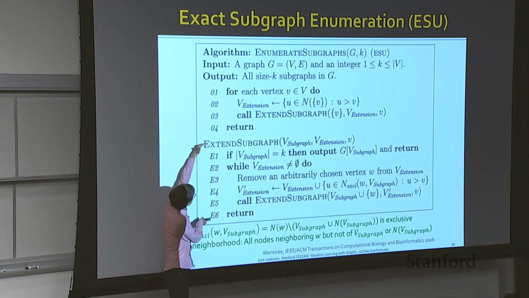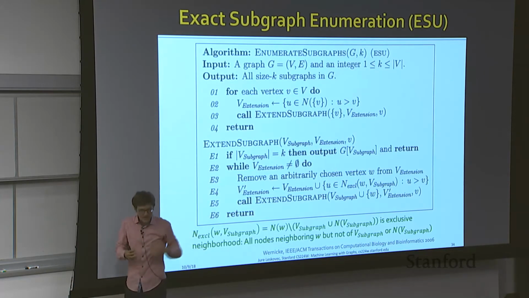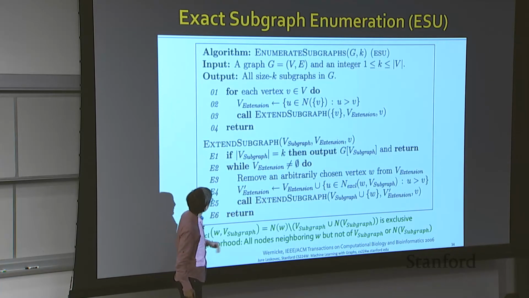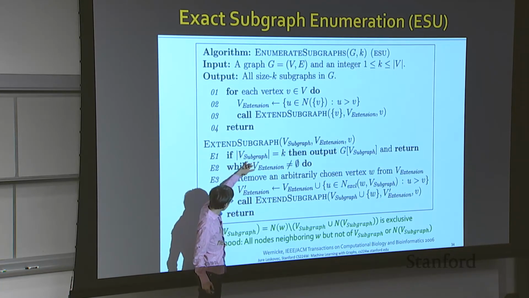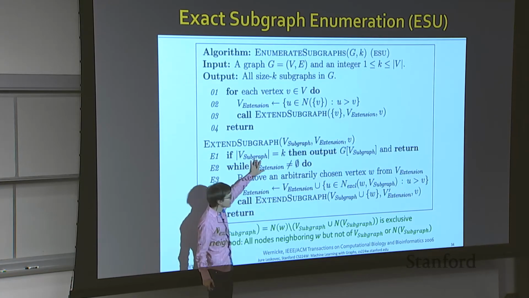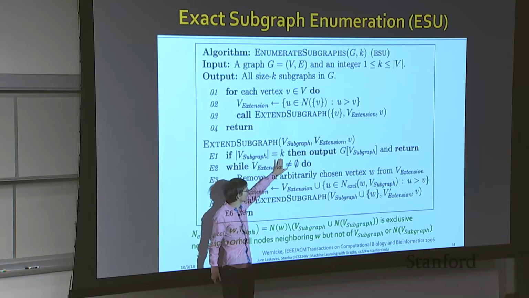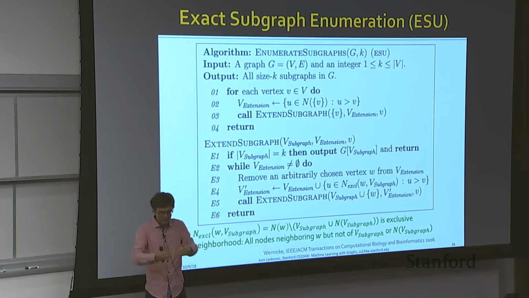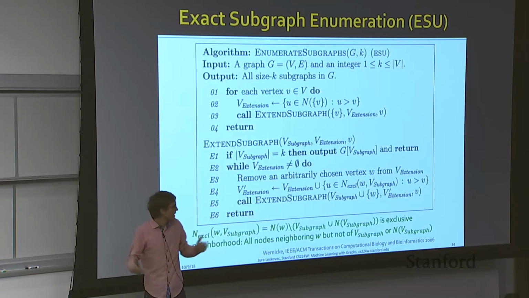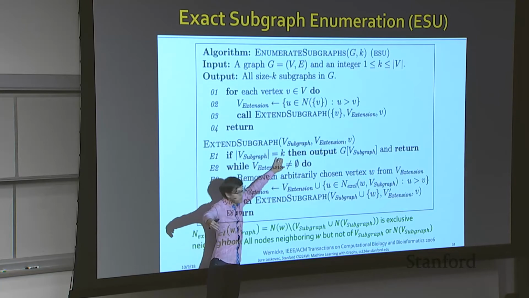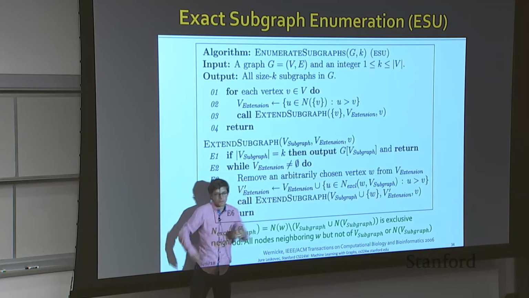And then this is a recursive function that extends the subgraph and keeps extending it until either I cannot extend it anymore, or the graph that I have built is of the size k and I terminate. Right? I keep extending until I found the graph of size k, which is the size I care about. I keep extending either until I build big enough graph or until there is nowhere for me to extend.